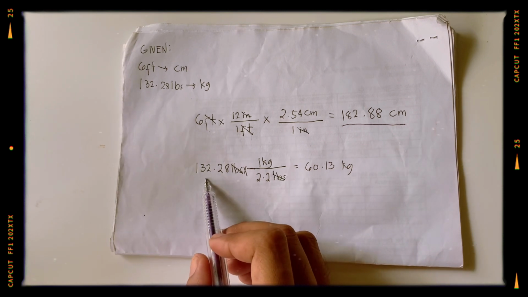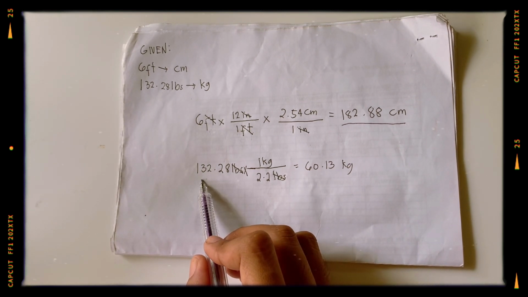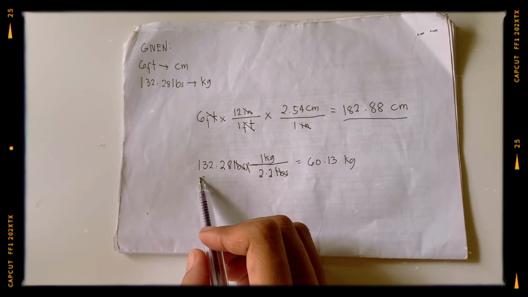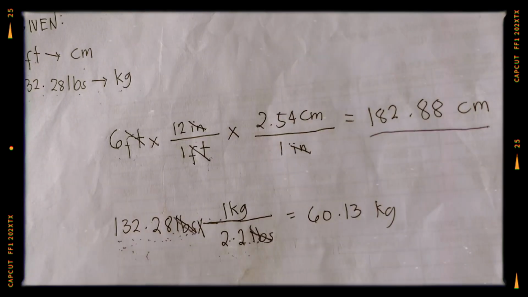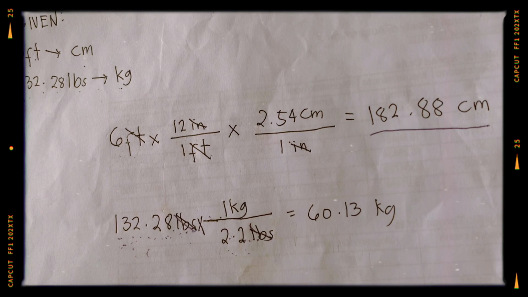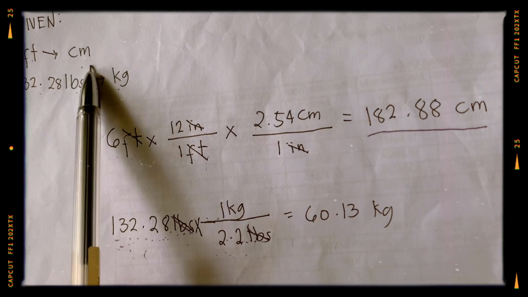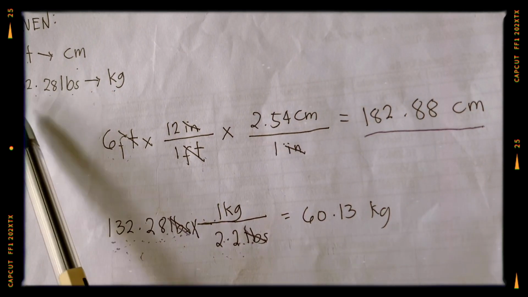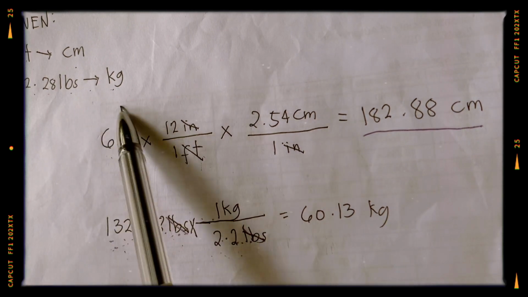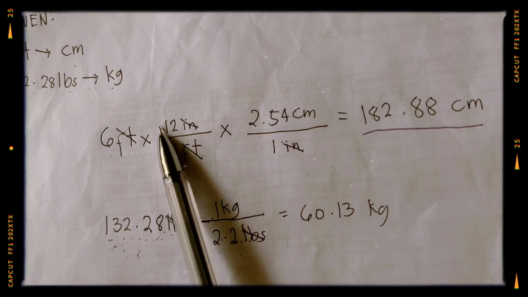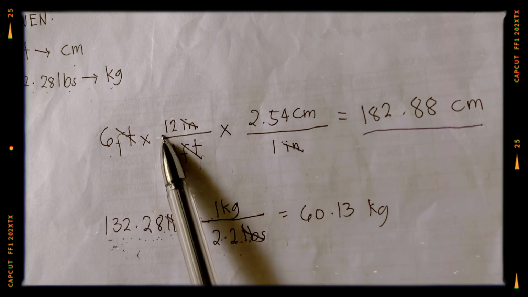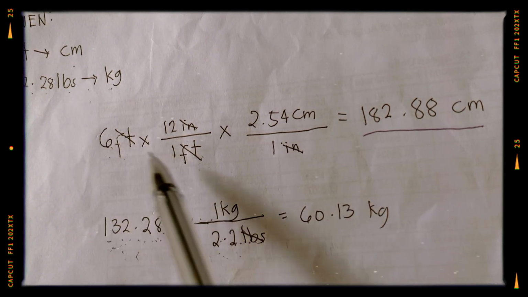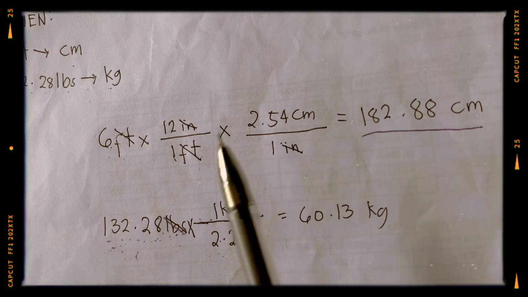And now we're going to move on to the weight of Ivan. It is the same process. We need to convert Ivan's height, which is 6 feet, to centimeters, and his weight, 132.28 pounds, to kilograms. So now we are going to convert 6 feet to inches. 1 foot is equal to 12 inches, and we cancel the feet so we can multiply it later.